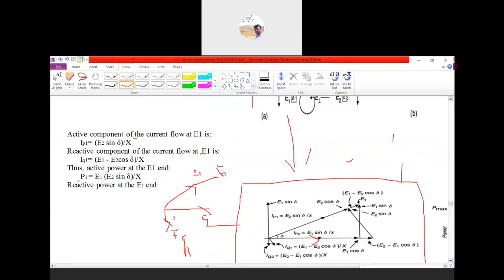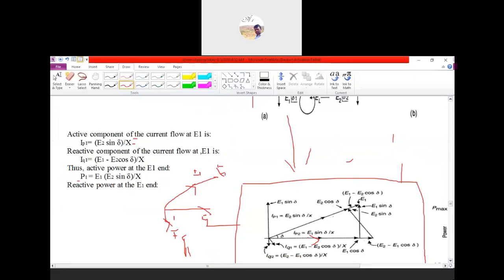Now we are considering what will happen when real power is there, how it will be affected in this transmission line.